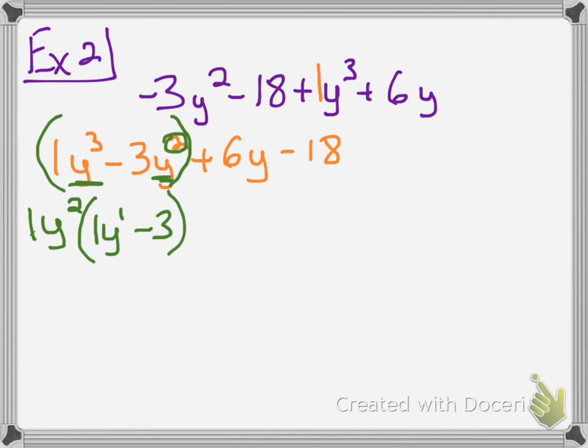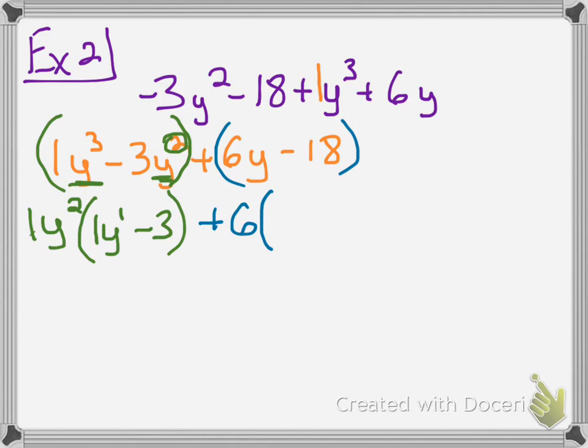Now let's do the same thing, only in blue. Let's factor that. What's the greatest common factor of 6 and 18? Okay, good job. 6. Great job, Lakin. Now, both those terms don't have y, so I can't factor y out.